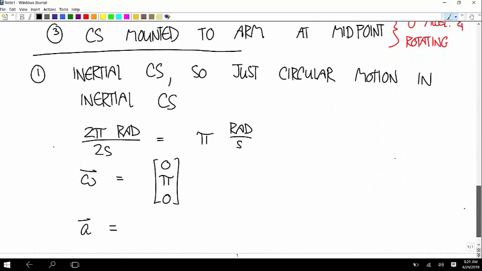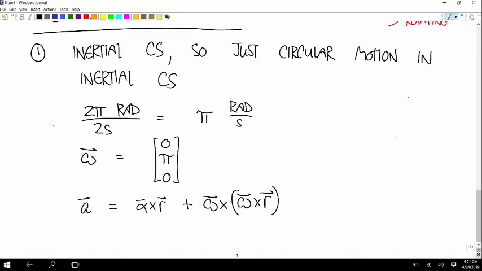So acceleration is equal to alpha cross r plus omega cross quantity omega cross r. And we're assuming constant angular velocity, so that part goes away.